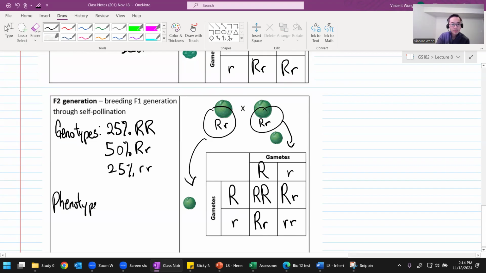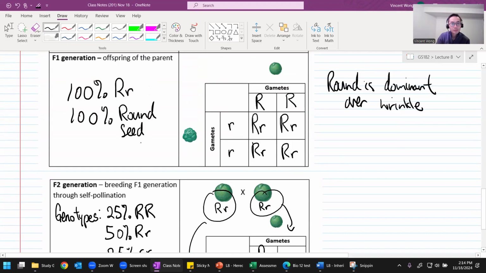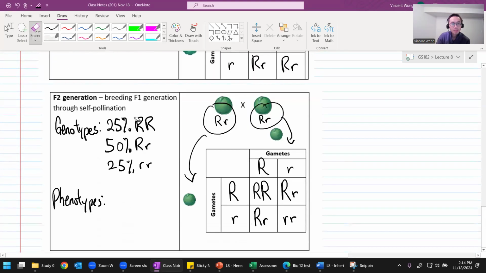What about phenotypes? Phenotypes is what they look like. It's round or wrinkle. Let's take a look here. Round is big R, which is the dominant trait. Wrinkle is small r. So over here, small r, small r, that's wrinkle. What about big R, small r?